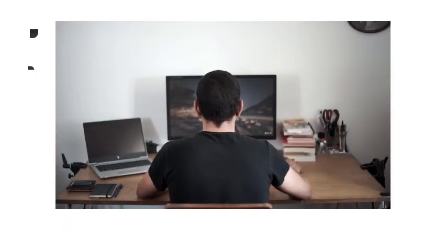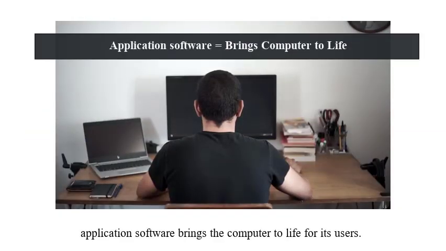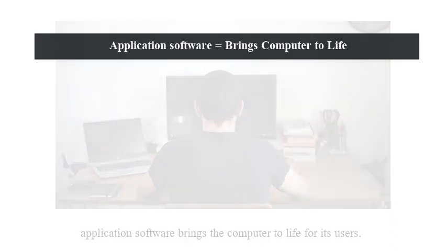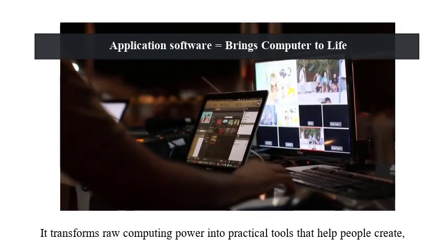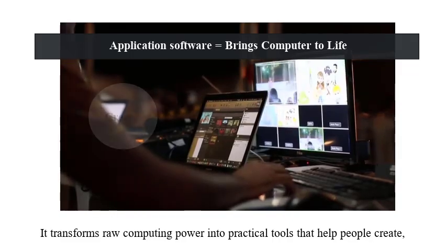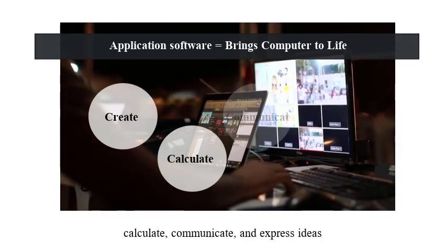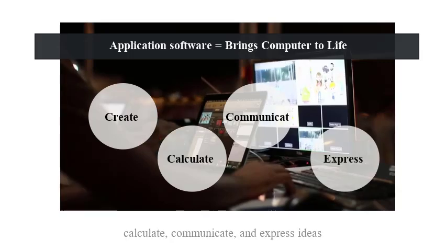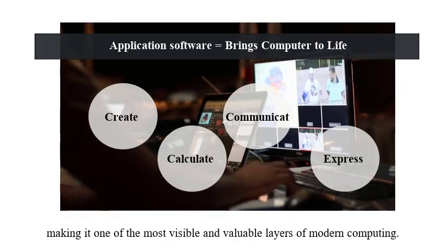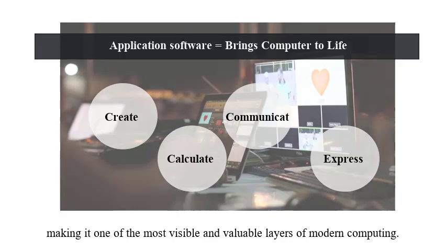In short, application software brings the computer to life for its users. It transforms raw computing power into practical tools that help people create, calculate, communicate, and express ideas, making it one of the most visible and valuable layers of modern computing.